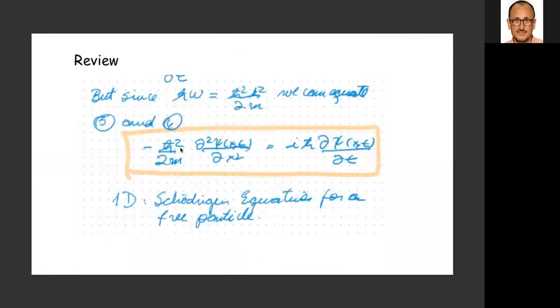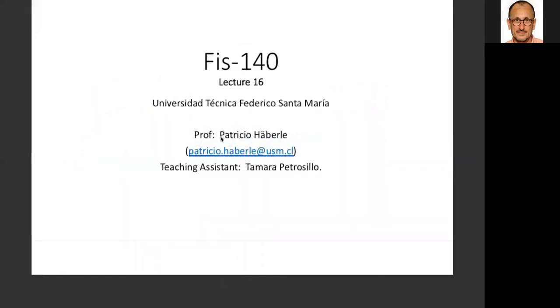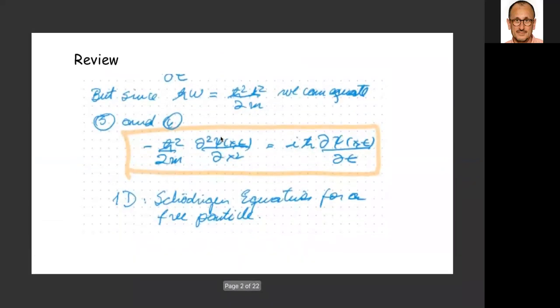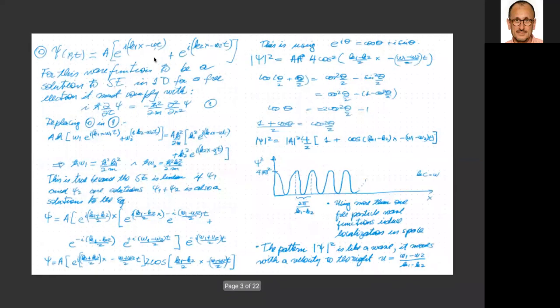So if one function is a solution and the second function is a solution, the sum of the two functions is also a solution, and that's what I'm representing here. We have the sum of two things that are solutions. This is a solution for a free particle. It has a definite k and it has an energy that we recognize is equal to ħω.